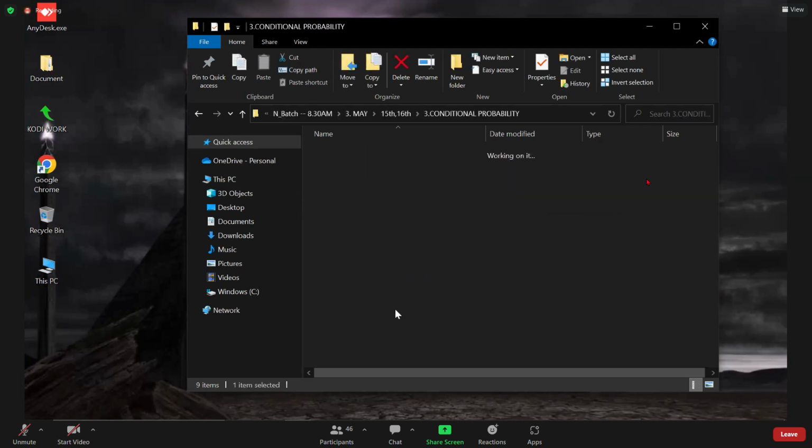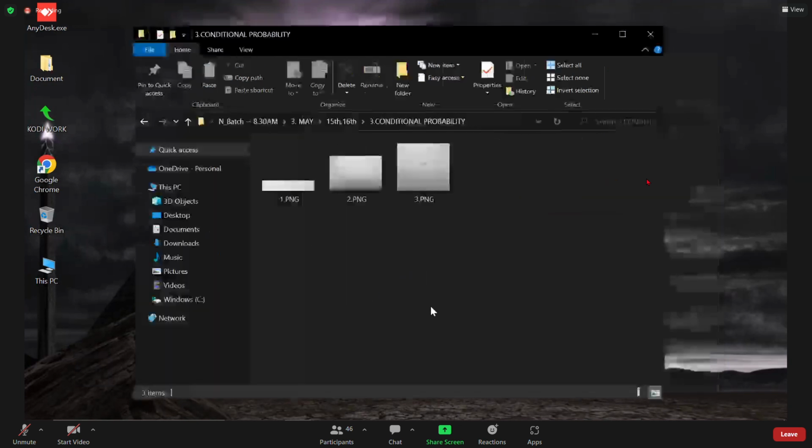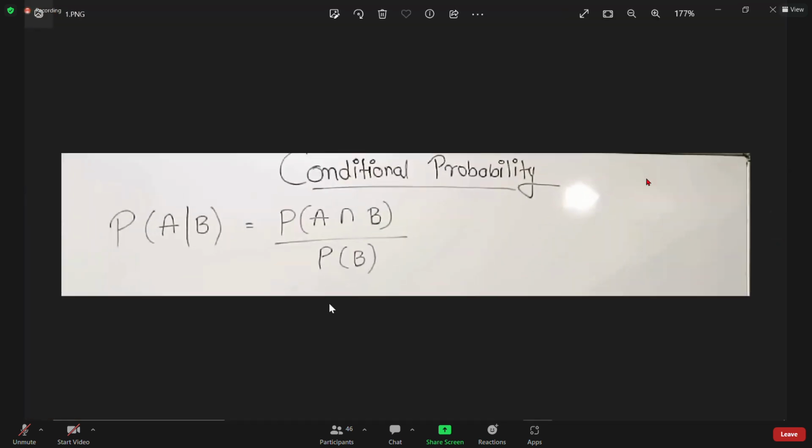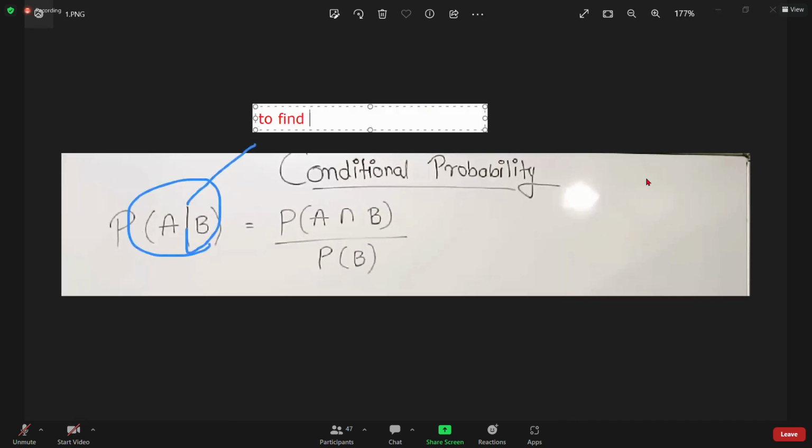If you see the equation, the conditional probability equation, how do we read that? To find the probability of A, how do I read that? I can say, to find the probability of A, event B has already occurred.